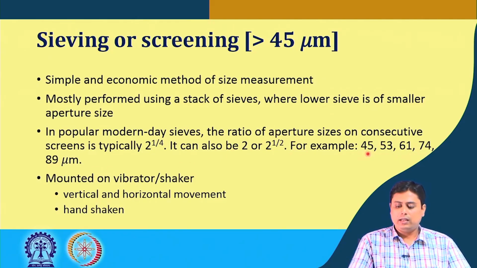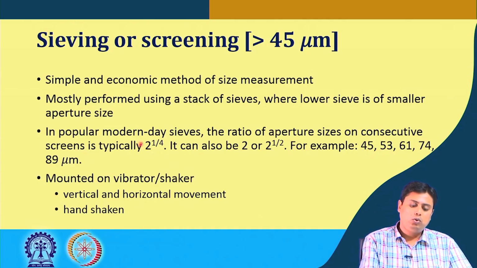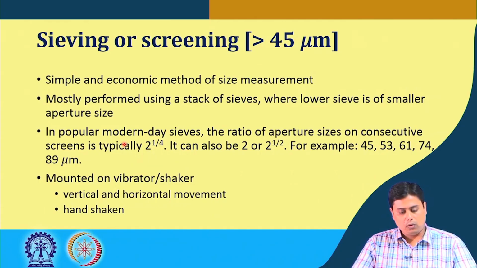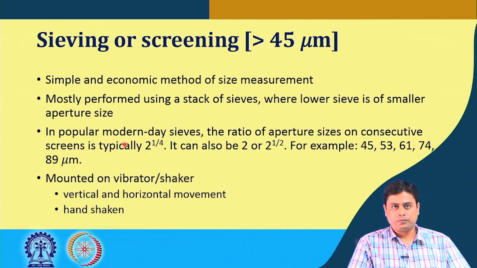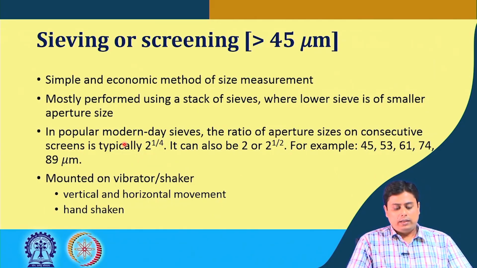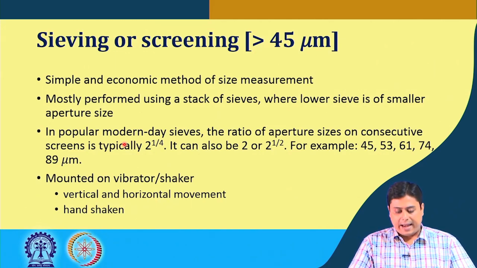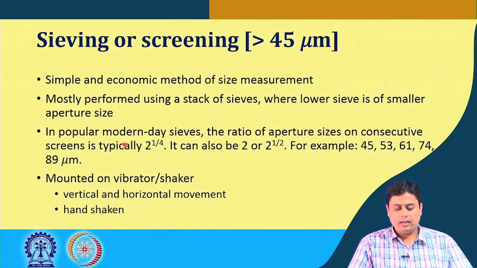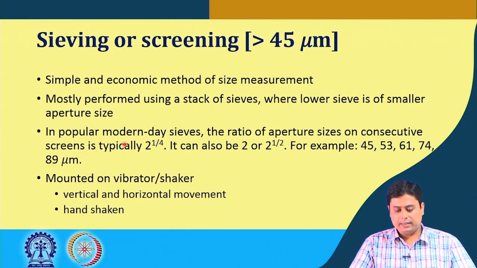You can see that the ratio 53 by 45 is approximately close to the numerical value of the fourth root of 2. There are several standards available, like the US standard, British standard, Indian standard.